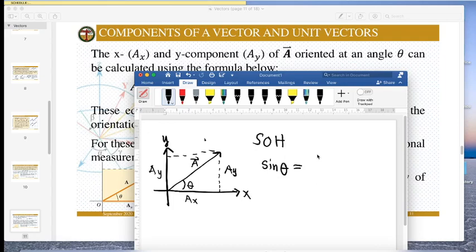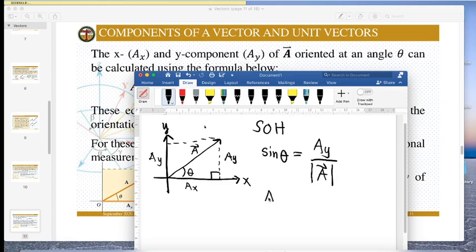So we have opposite Ay, and the hypotenuse is the side opposite the 90 degree angle, the right angle. So we have here the A, the magnitude of the vector A. Okay? So your Y component is actually equal to the magnitude of vector A times sine of theta. That's it.